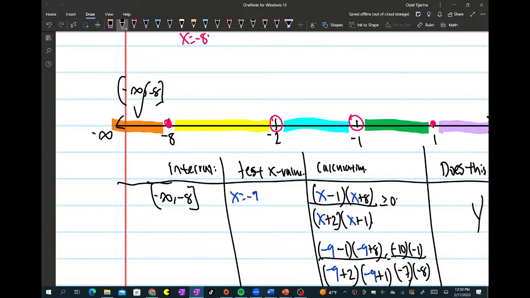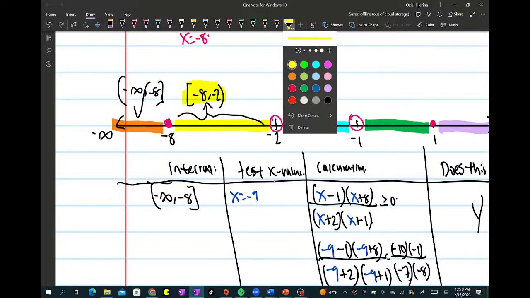Let me highlight it, guys, so that you understand which is which.